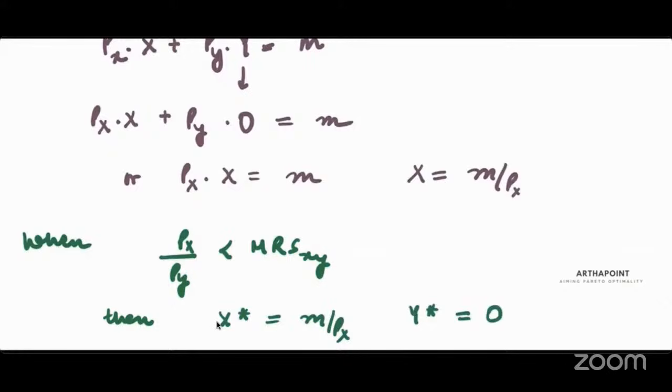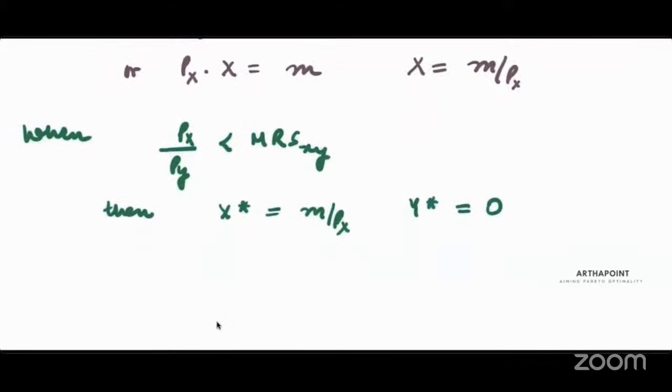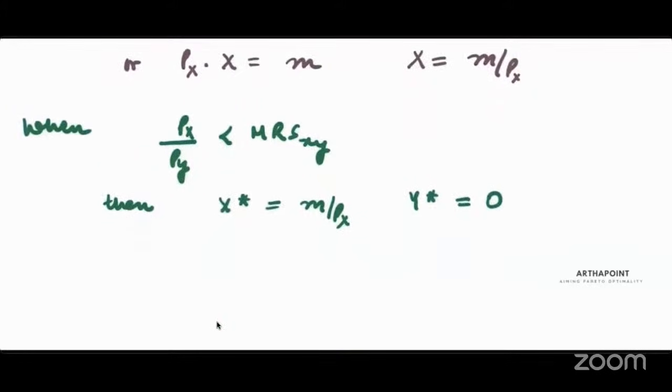Let's see what this means diagrammatically. Please understand that Px by Py is less than MRS XY. In this case, indifference curve and budget line are both lines.